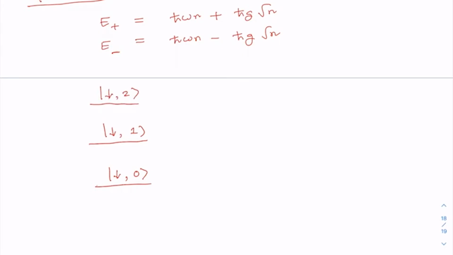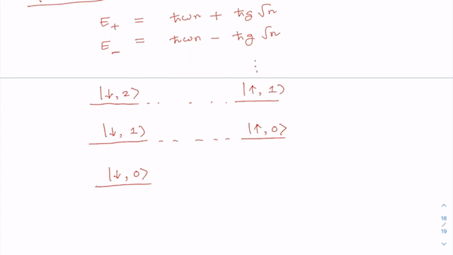Because it is resonant, here I am talking about when there is no coupling, the atom in the excited state and no photon in the field mode. These are horizontally lying because delta is equal to 0. So the atom in the excited state, 1 photon in the field mode, and so on. You can go on.